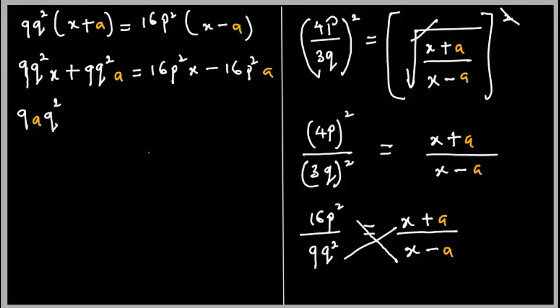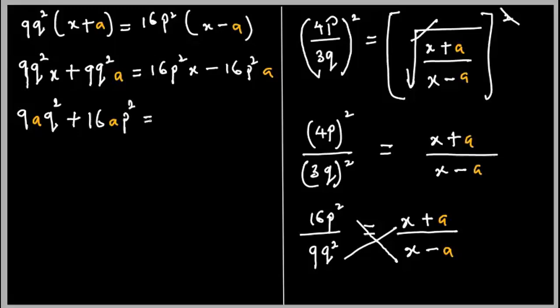There is another term having a on the right hand side, that is minus 16p squared a. So if minus 16p squared a comes to the left, it becomes plus 16p squared a.